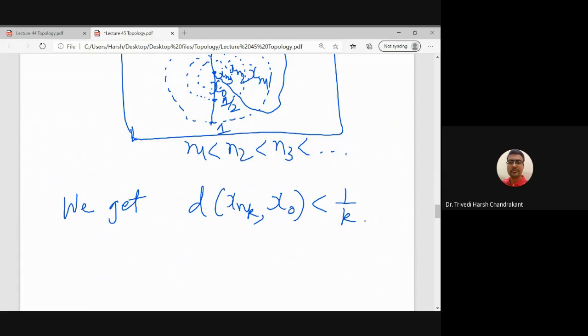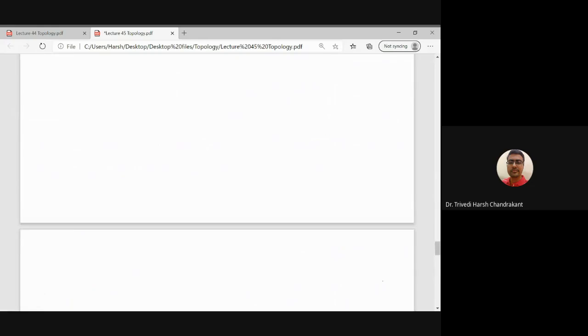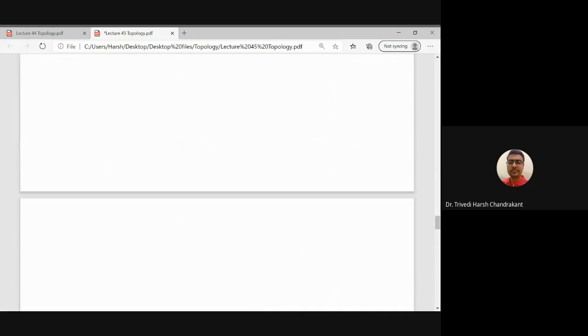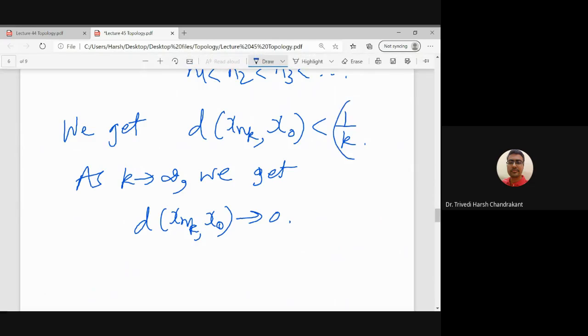Now if we take the limit as k tends to infinity, what we get is that the distance of xn_k from x naught goes to 0, because this term goes to 0, so this is less than or equal to that term, and this is always non-negative, right?